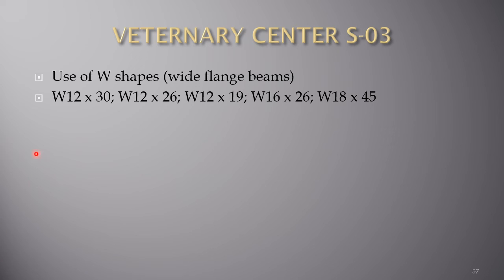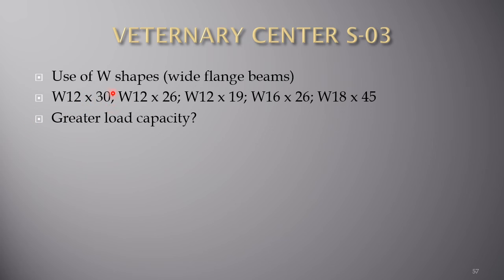And you can see all the different sizes: W12 by 30, 12 by 26, 12 by 19, 16 by 26. 12 indicates the nominal depth of the beam. 30 indicates the number of pounds per foot. And you can see that there are 3 different types of W12 beams, all maybe 11 and a half, 12 and a quarter inches deep, but of different weights.